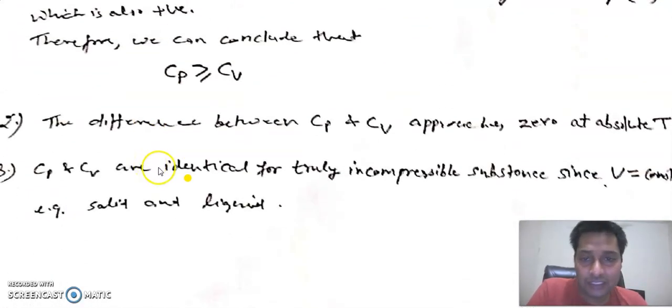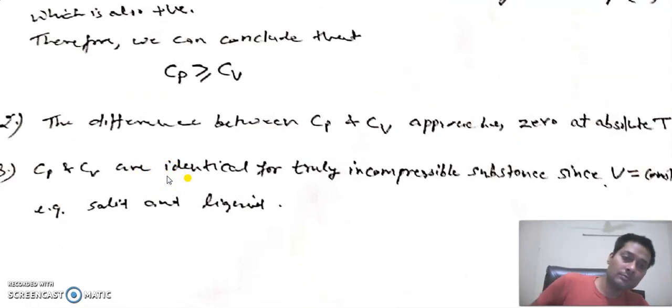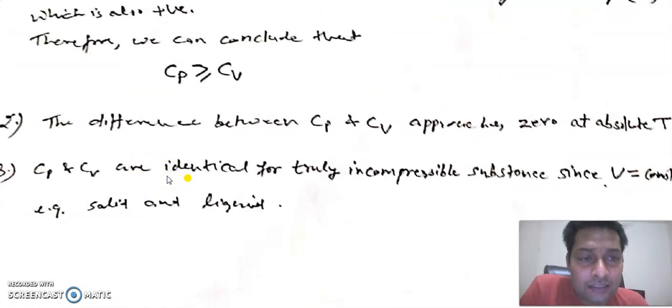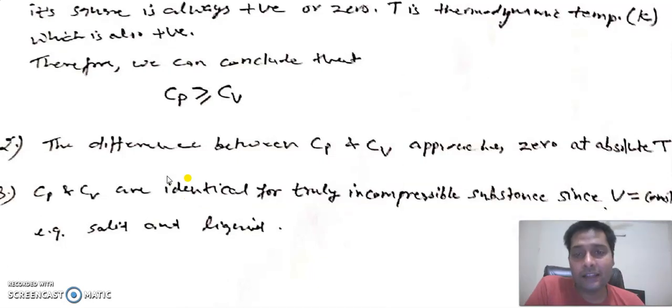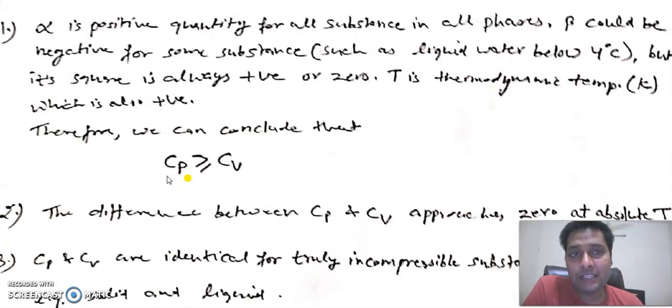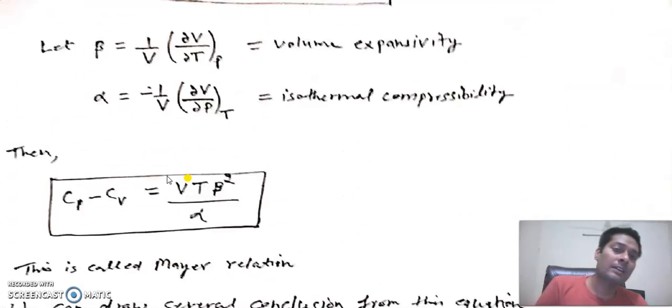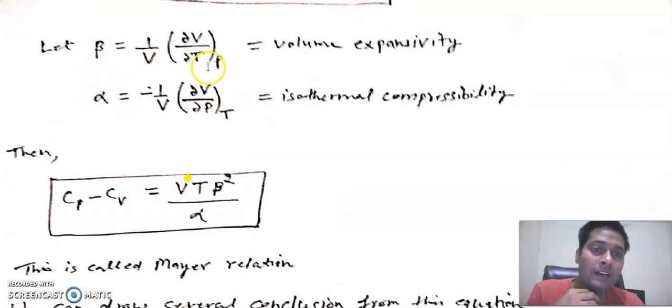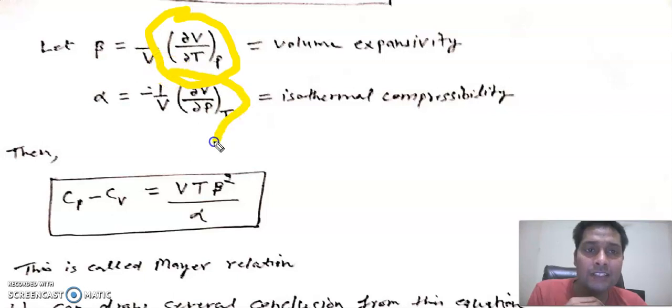The third conclusion is that the Cp and Cv values are identical for an incompressible substance, because both alpha and beta are volume dependent. If the volume change is 0, then this derivative will be 0.